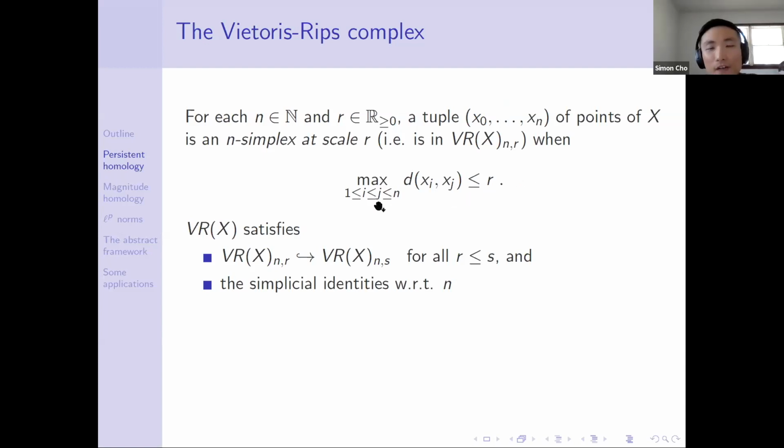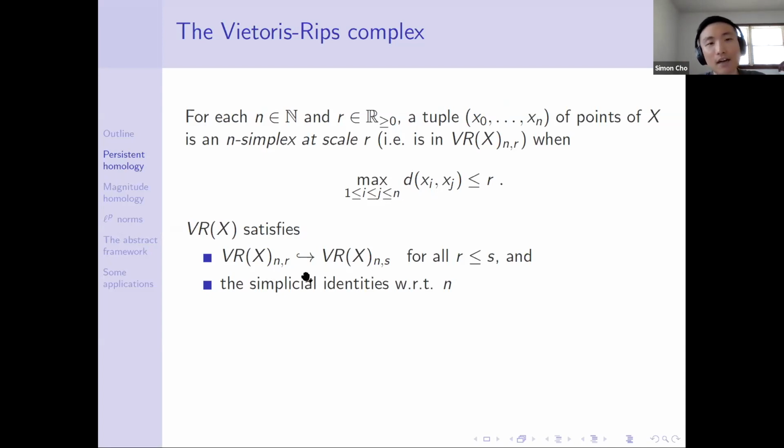If you have two real numbers r and s, and a tuple of points that satisfies this distance condition for r, and s is greater than r, then of course it's clear that it's also a simplex at scale s. So there's a natural inclusion. And in the parameter n, it satisfies what are called the simplicial identities.